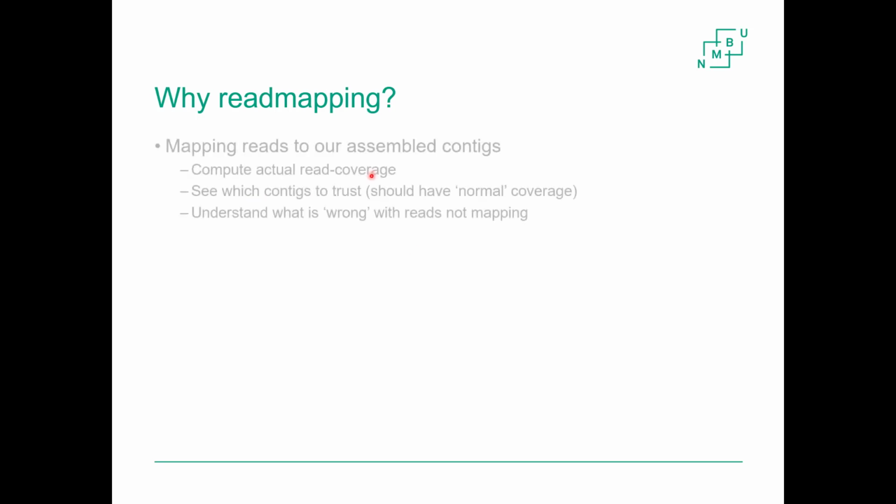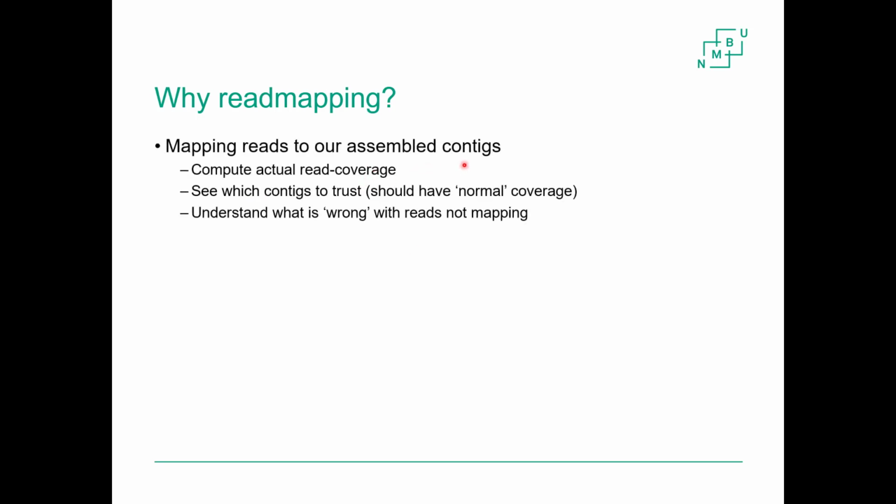So why do we do read mapping? Well, there are many different reasons for it, and we already saw a little bit. We can compute the actual read coverage, and that's very frequently done. Then you map your reads back to your own contigs, right? You first make contigs by sequence assembly, and then you map your reads to these contigs to compute the actual read coverage.